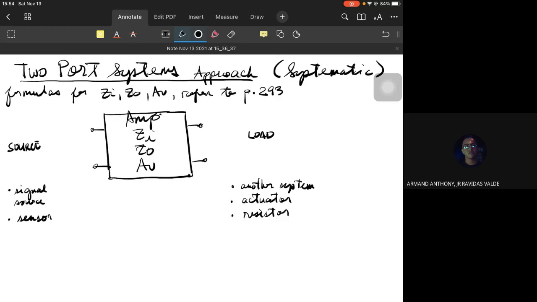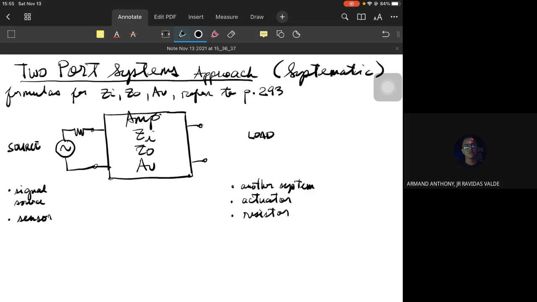So we need a model, or a convention, to model our sources and loads. If it is another amplifier, we don't need another model because we can just put another box here. But for a specific source, especially signal sources and sensors, we could model it using a voltage source, especially an AC voltage source, and a resistor.